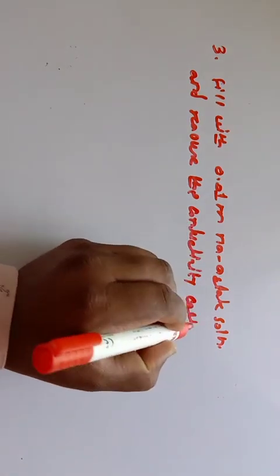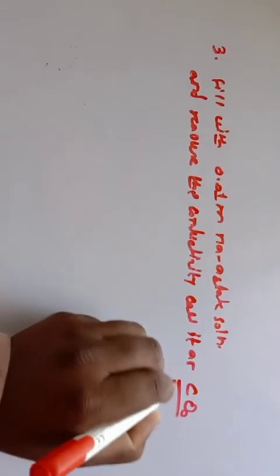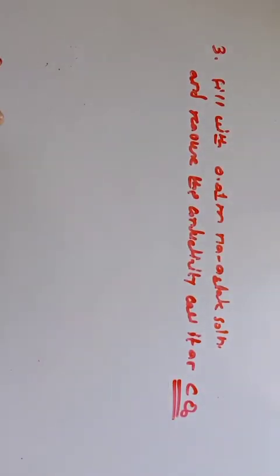Call it C infinity. So the conductivity of the NaOH solution is considered as C0, and the conductivity of the sodium acetate is considered as C infinity.